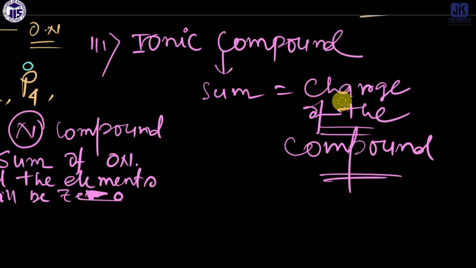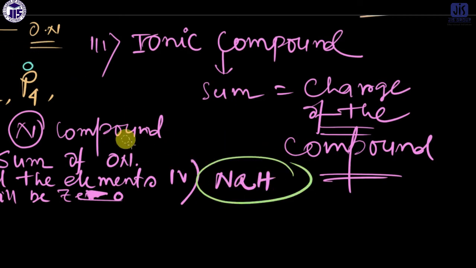Now come to the next rule, the determination of oxidation numbers of atoms. In the case of a metallic hydride, for example NaH, the hydrogen will always be -1 and sodium will be +1.